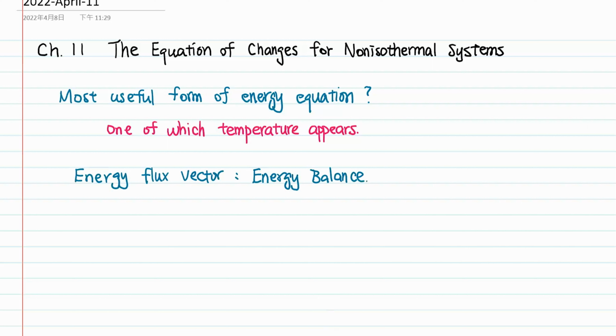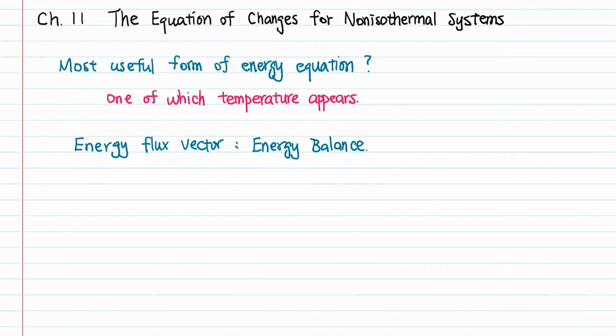So if we do a very rough equation on this, we know that the accumulation of the energy per volume would be the change in the combined energy flux vector plus the work. Let's take a look at what's going on here.